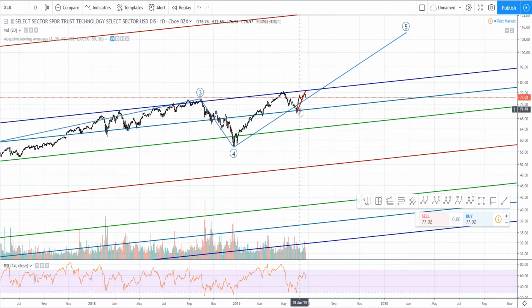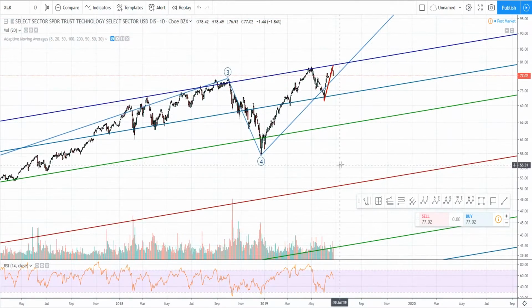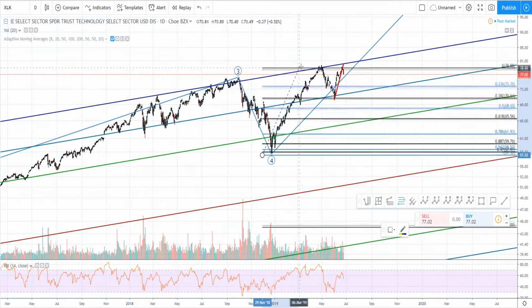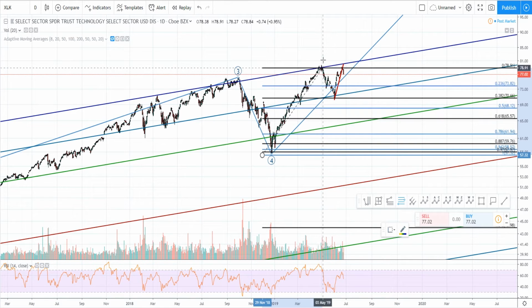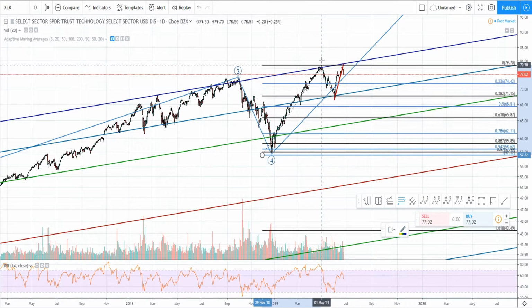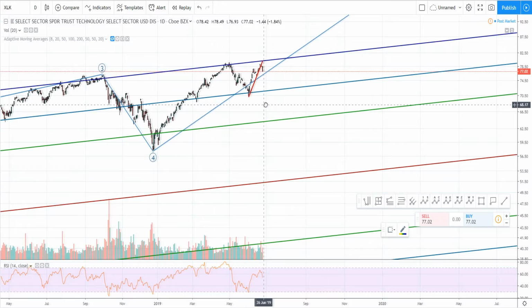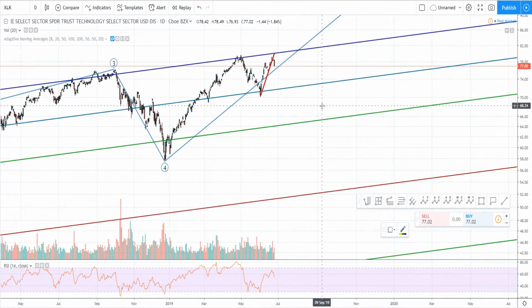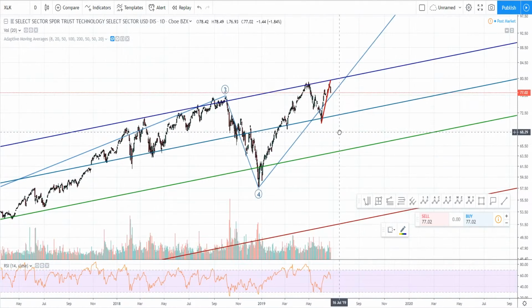A lot of people thought this correction was done, myself included even, but the thing I didn't like about it was that it was so shallow and it didn't take that much time, because price usually corrects not only in price but also in time. Usually corrections take some time. They consolidate, it's more sideways, to build cause for an effect, as per Wyckoff theory.